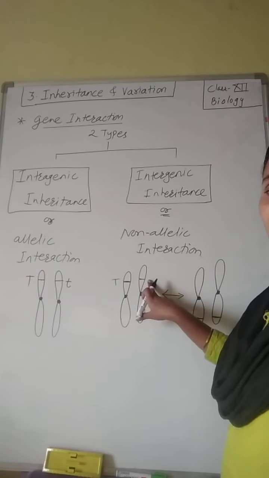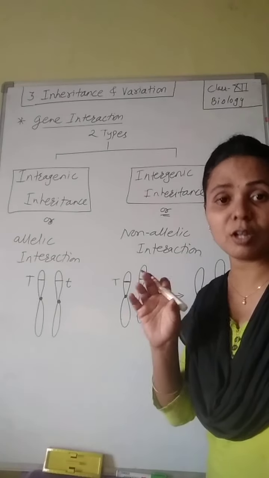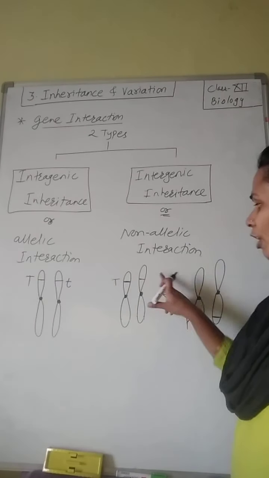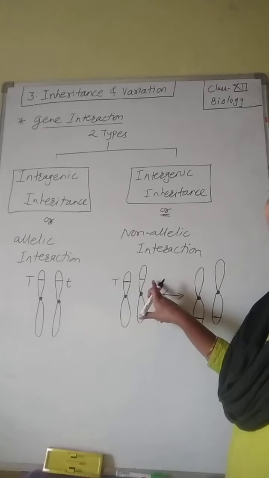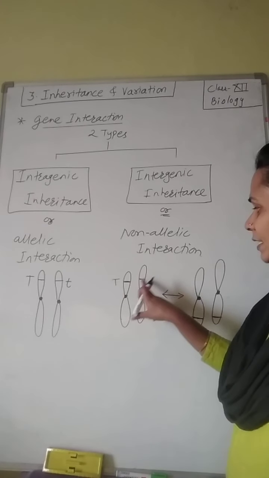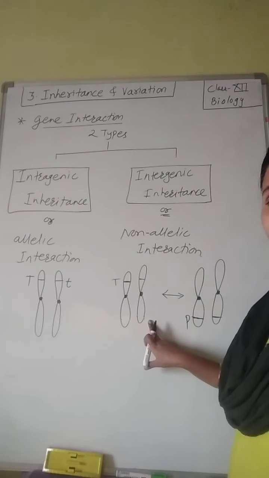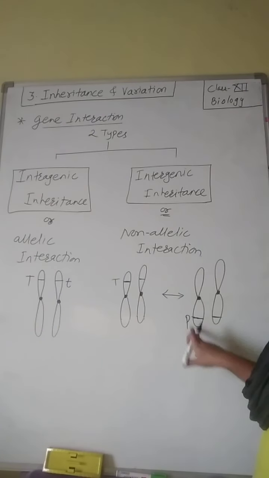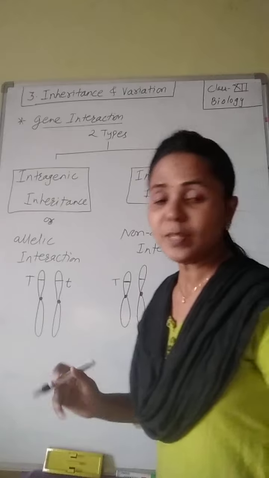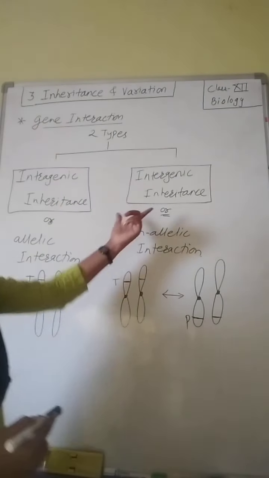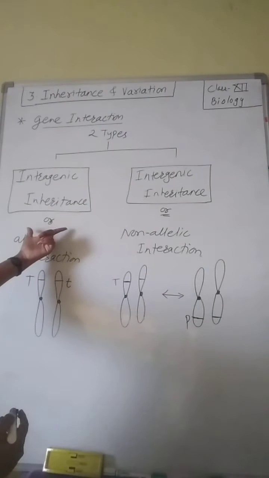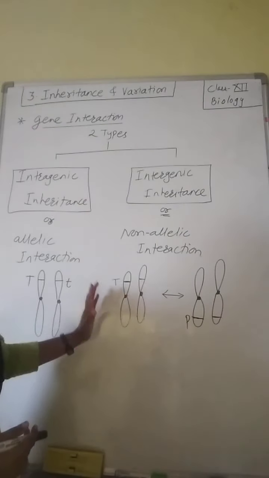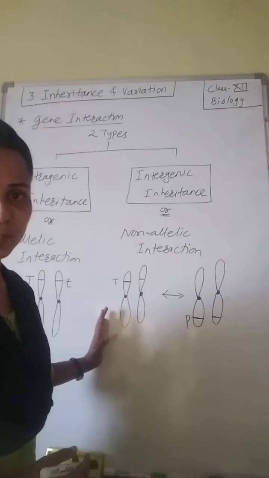Locus means the position or location of that gene on the chromosome. So this is about intergenic and intragenic inheritance, and there are different examples also.